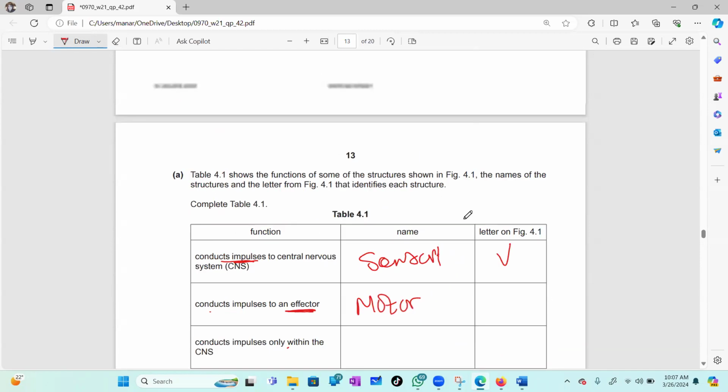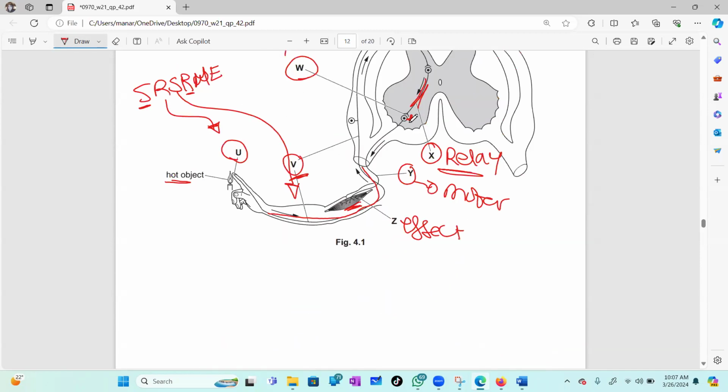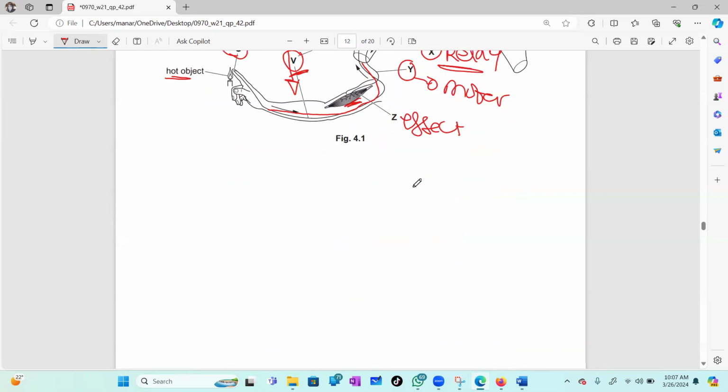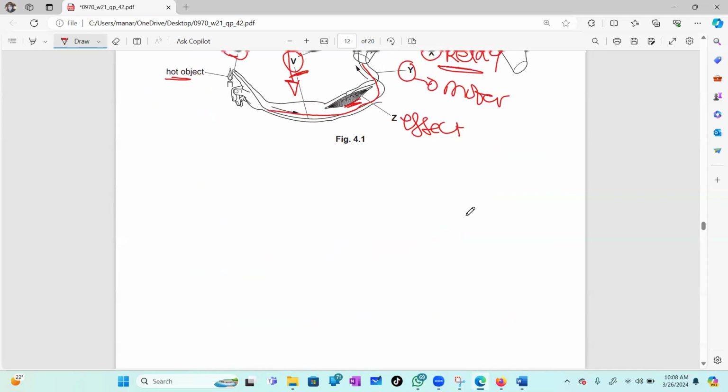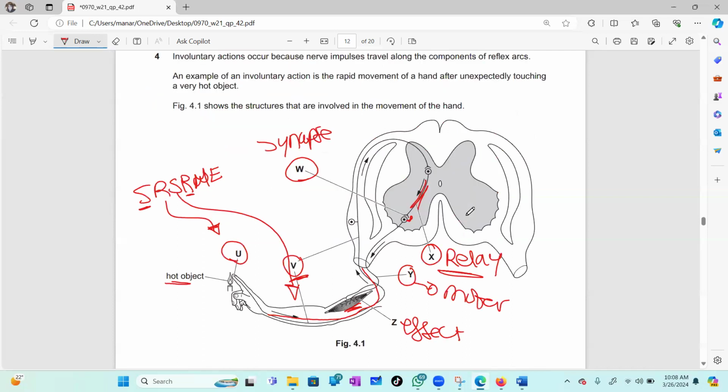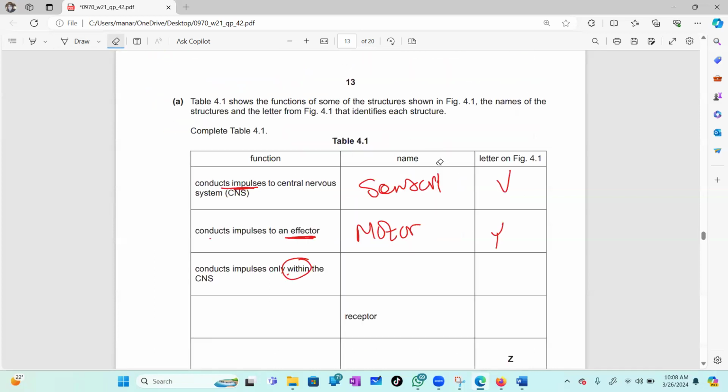The motor, you have to never be in a hurry. And the motor, we said, is the Y. Now, what will conduct impulses only within the central nervous system? Quickly, please. Within, inside, between the sensory and the motor. Relay, yes, which is X. So I'll write it here.